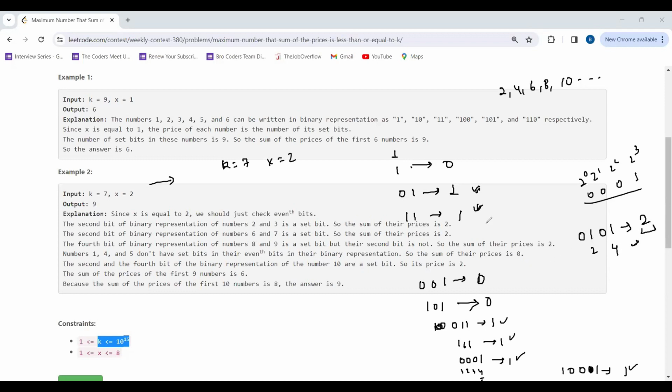And what was the total price till now? 1, 2, 3, 4, 5, 6. 6 plus 2 becomes 8. So if we include 10, then our price will become greater than k. So the maximum element which we can include is up to 9. So this approach is very much clear.